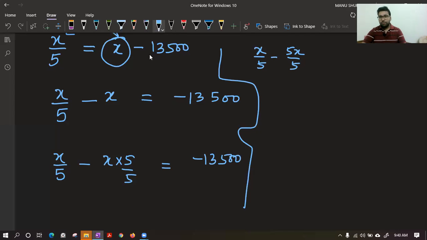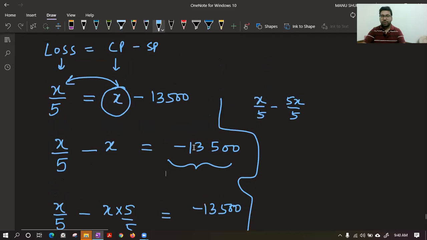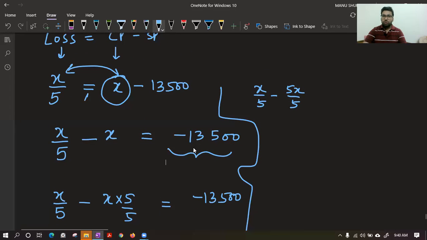Okay, Lavya, why minus 13,500 came? It is very simple. Lavya, let us see. See, I told you this is the border. Okay, let us do an analogy and then understand. I told you this equal to sign is like a border. So whosoever crosses the border, he or she will have the effect.